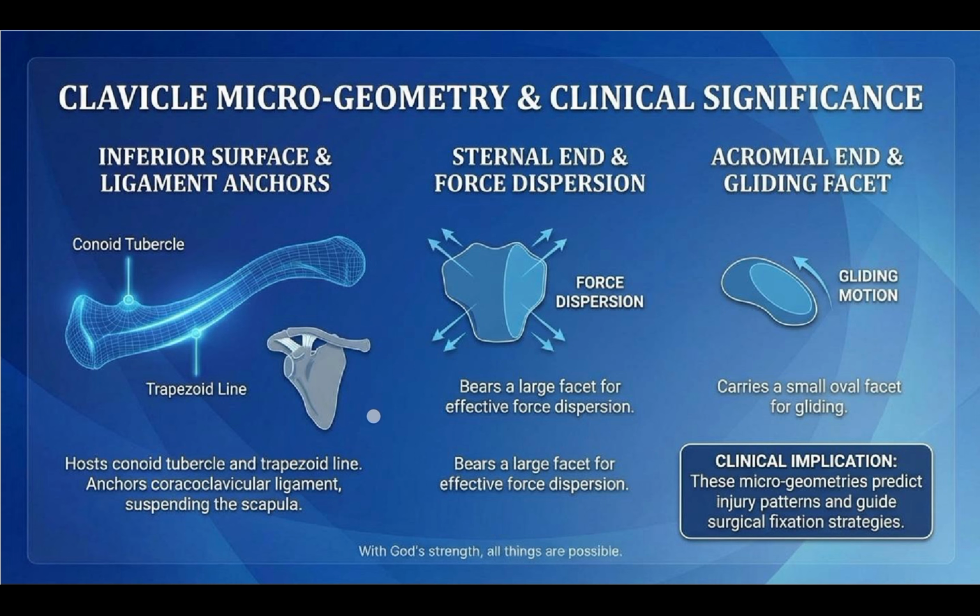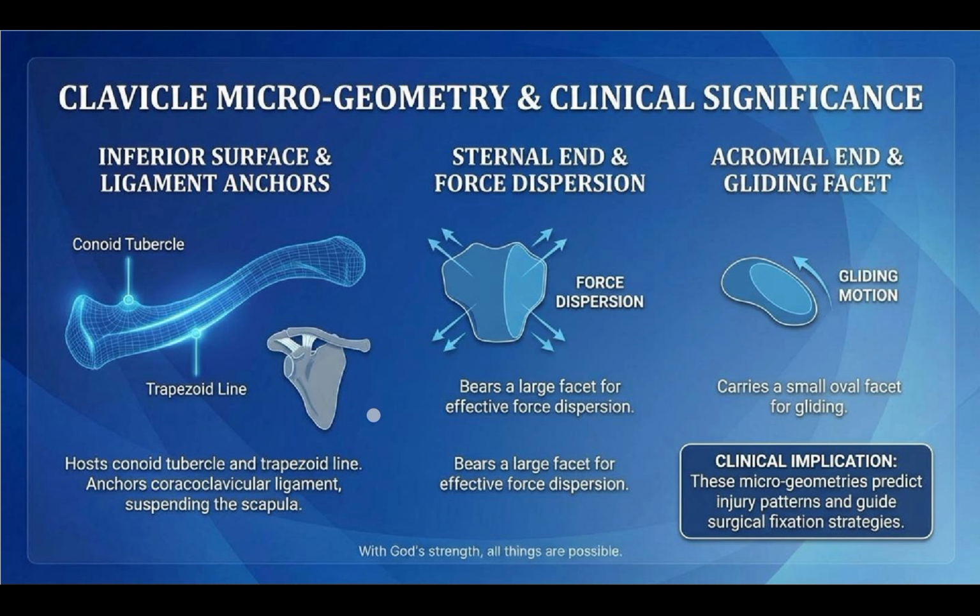Let me recap. The coracoclavicular ligament is divided into the conoid ligament and the trapezoid ligament. The conoid ligament attaches at the conoid tubercle, while the trapezoid ligament attaches at the trapezoid line.